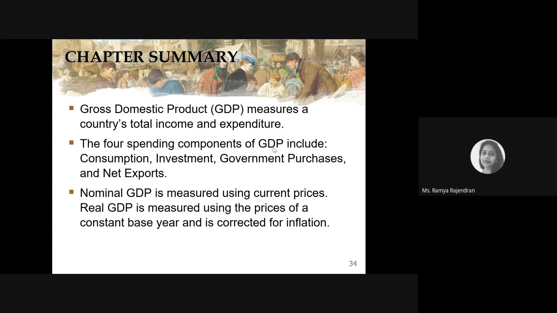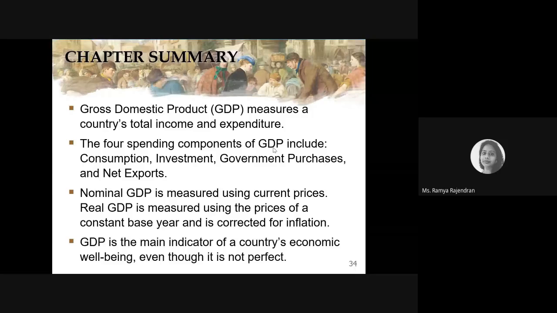We also discussed what nominal GDP and real GDP are and how they are measured, and how you can correct for inflation using the base year assumption. And we also had a critical view of how GDP is not the main indicator of any society's well-being.